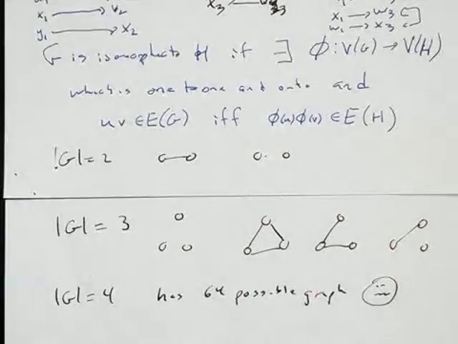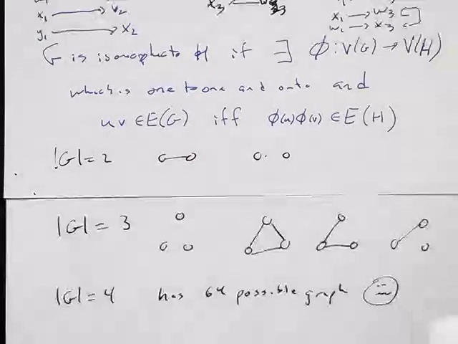What is that? One graph with no edges, there's 6 graphs with 1 edge. There's 6 with 2 edges. 21, for a while. 87.